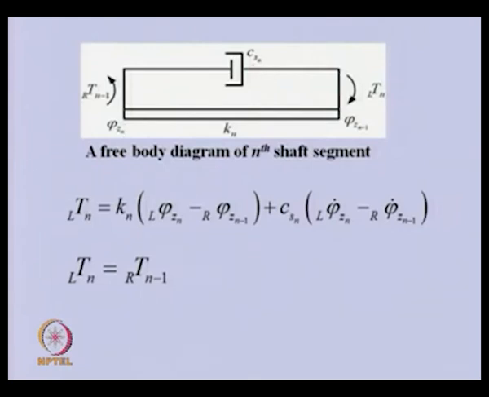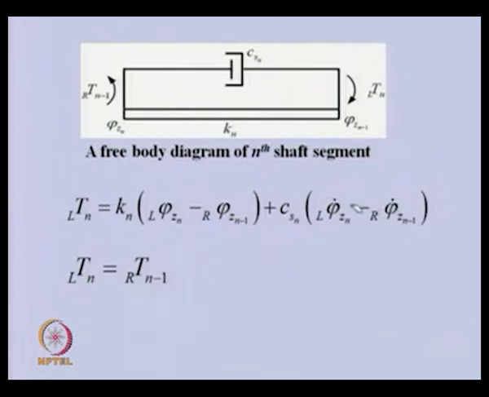So, you can see that now we can express the field variable like this. We can express the torque at left of the nth disk as the stiffness of the nth shaft times the relative angular displacement of these two ends of the shaft, plus the damping times the relative angular velocity.